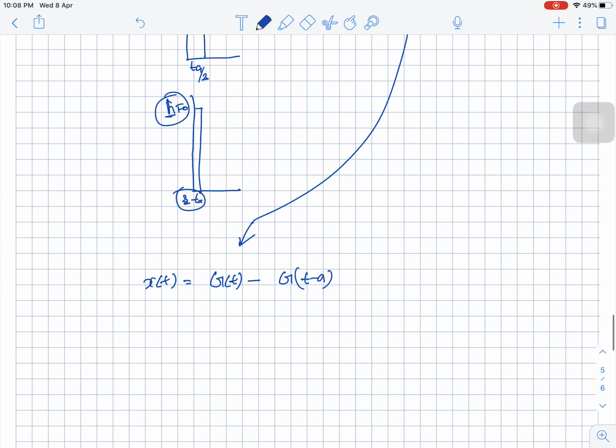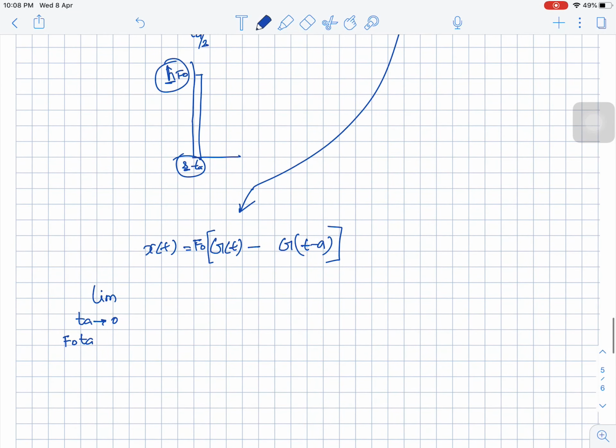So now I am applying the condition of these forces. So what these forces condition says, limit ta goes to 0 and f naught into ta goes to 1, x of t.